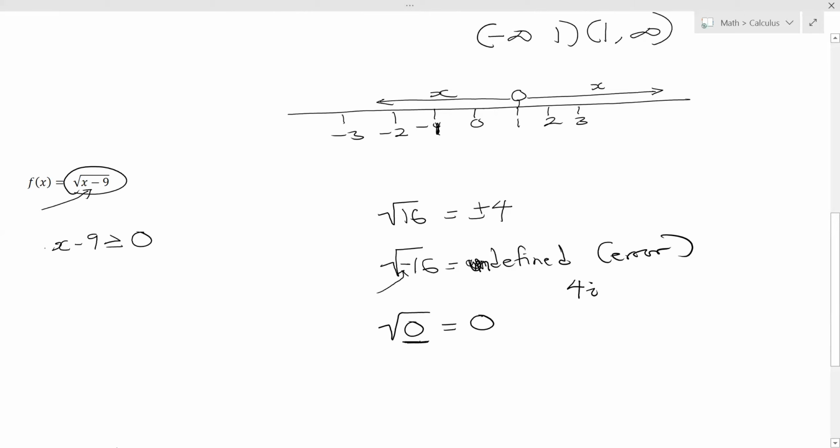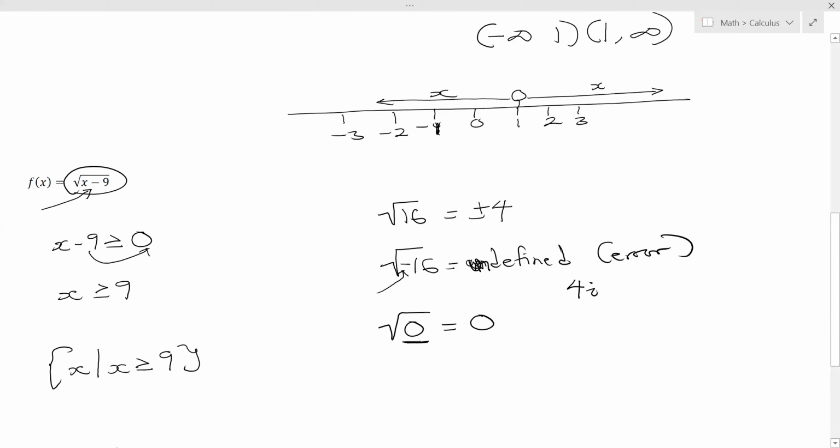All right, so x minus 9 is greater than or equal to 0. We can move the minus 9 to the other side. This becomes x is greater than or equal to 9. And that's it. So for the domain of this function, x is all real numbers such that x is greater than or equal to 9.